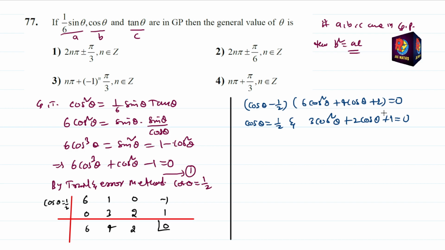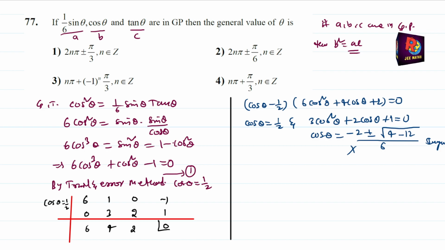Now, factorization is not possible, so we go for cos theta equals minus b plus or minus root of b square minus 4ac, which gives b square minus 4ac equal to 4 minus 12. This is imaginary, which is not possible. So we will consider cos theta equal to 1 by 2.